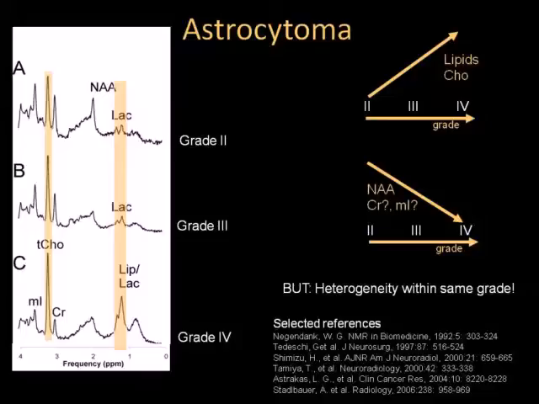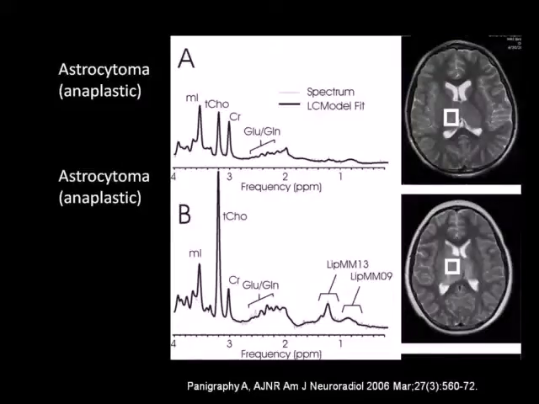Just to show you some examples, this is short echo spectroscopy in an anaplastic astrocytoma. In one case, you can see the choline to creatine peak is almost identical in height. And in this case, there's a marked difference in height, and these are both grade 3. So this is why I show this case, because you can't always nail the diagnosis with spectroscopy.